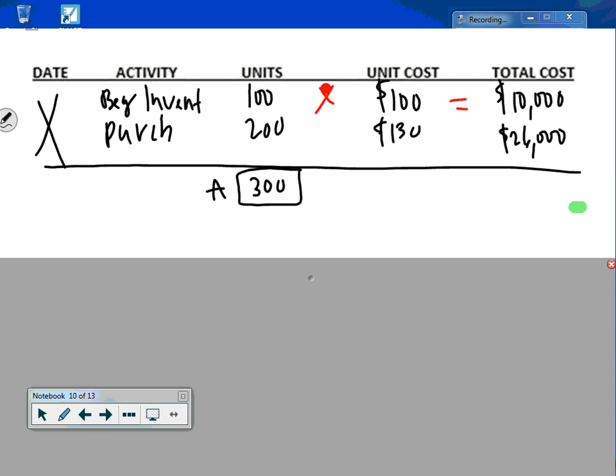So you might want to put an A by that for available. What was our total cost? So cost of goods available, 36,000. So what we did just now is step 1 and step 2 on our cheat sheet.